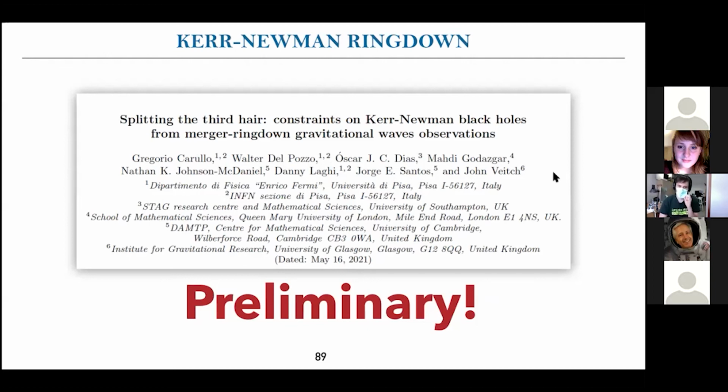In LIGO-Virgo measurements, we always ignore the presence of an electric charge in the black holes. So can we relax these assumptions, and in general, what can we say on Kerr-Newman black holes from these observations? Kerr-Newman black holes are just the usual Kerr black holes endowed with a U(1) charge, which could be an electric charge, but it doesn't have to be.